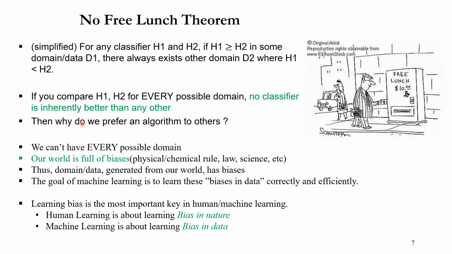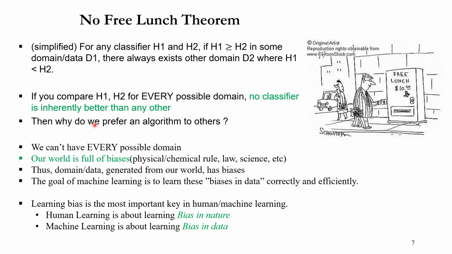Then the next question is, why do we prefer one algorithm over others? For example, people prefer deep learning these days over other methods, let's say decision trees. And we know deep learning or deep reinforcement learning shows better performance than other algorithms, right?